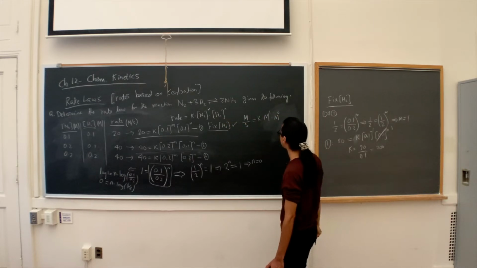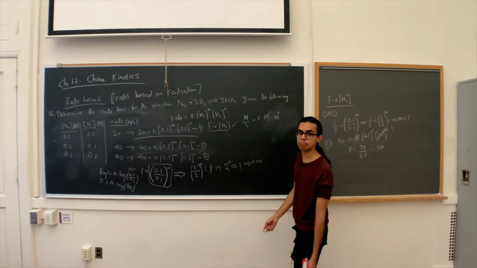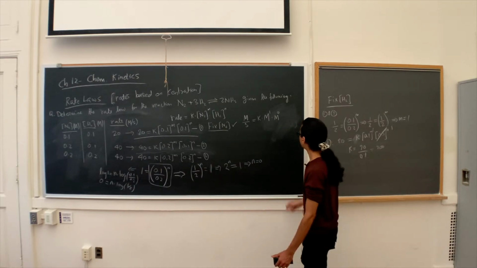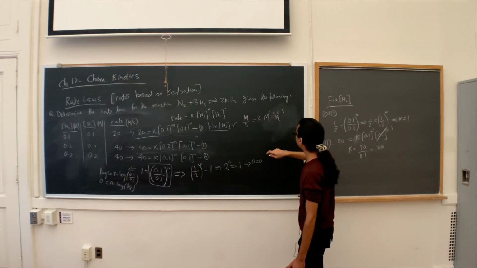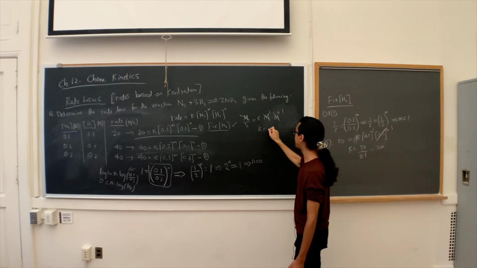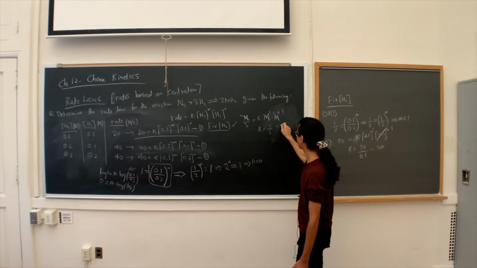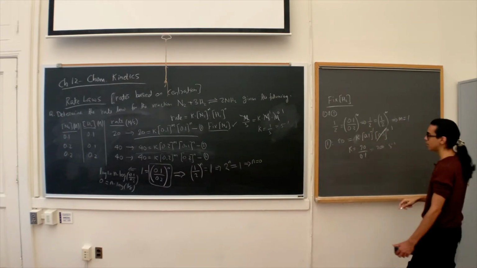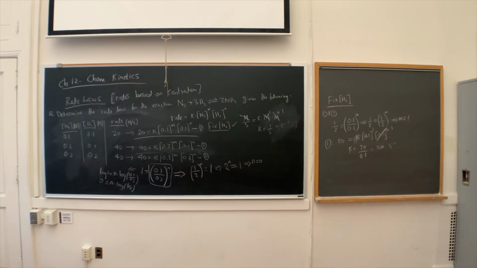Power N is 0. Solve for K, and that gives you your units. M to the 0, that's 1. M and M cancel. And so for this particular reaction, the units are 1 over second, which is second inverse. So this is going to be 200 second inverse.